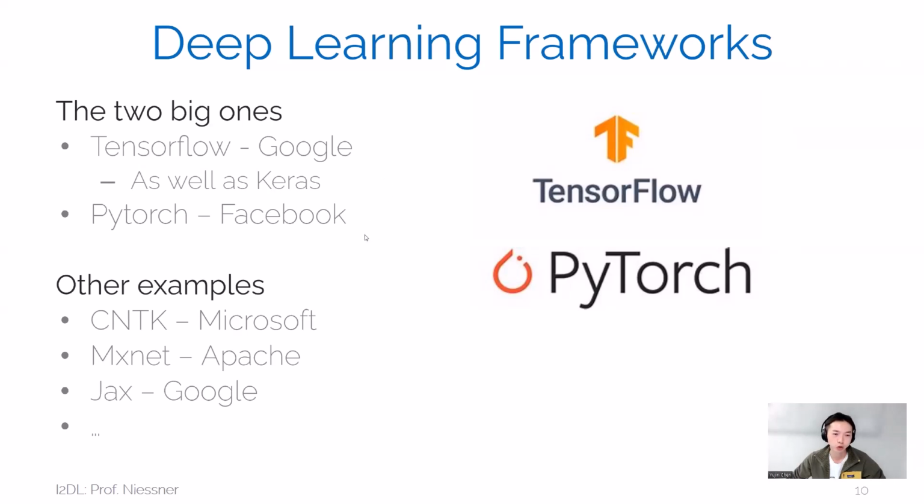But here we choose PyTorch because I think it's easier for beginners to get familiar with, and PyTorch recently is quite a bit more popular than TensorFlow for academic research. When you look at a recent deep learning paper, it has a big chance of sharing its code, which you can find on the internet. It's written in PyTorch.